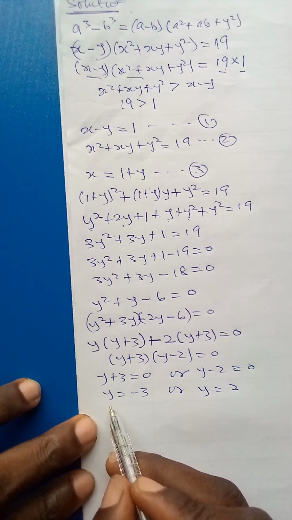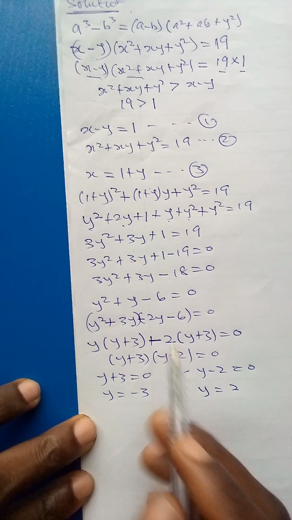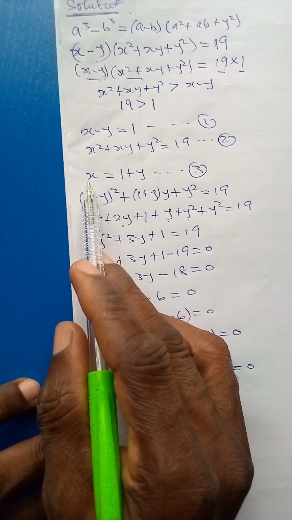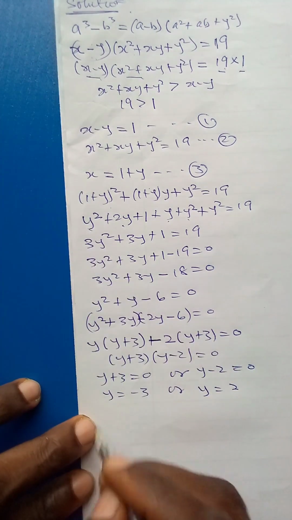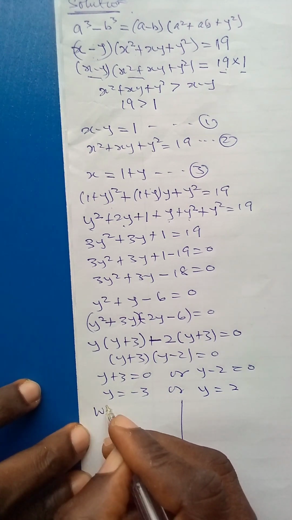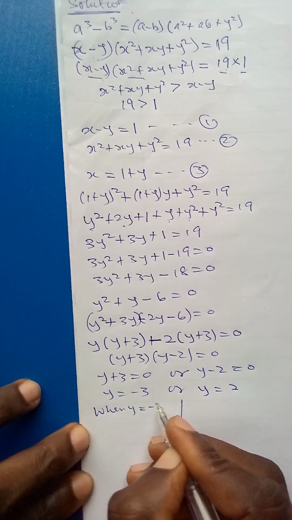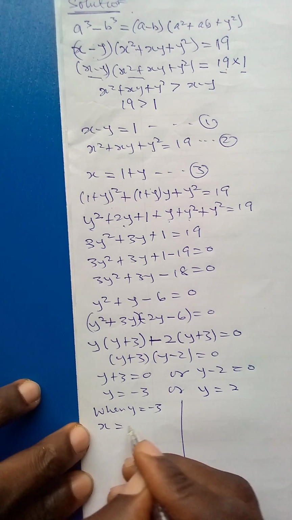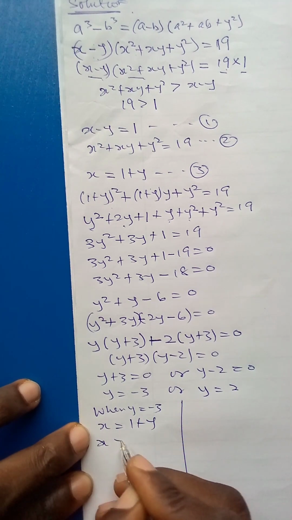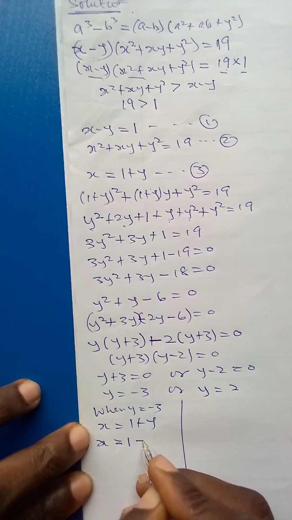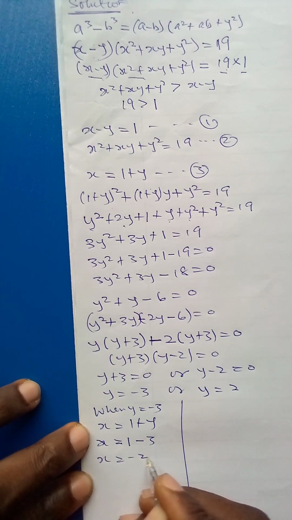Now, substituting these values of y respectively into equation 3 to find the value of x. So, when y is minus 3, remember that x is equal to 1 plus y. And so x will now be 1 minus 3, and x is minus 2.